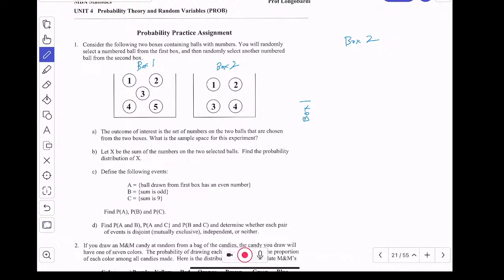So the possible outcomes for box 1 are 1, 2, 3, 4, 5. And the possible outcomes for box 2 are 1, 2, 3, 4. I need to center this.